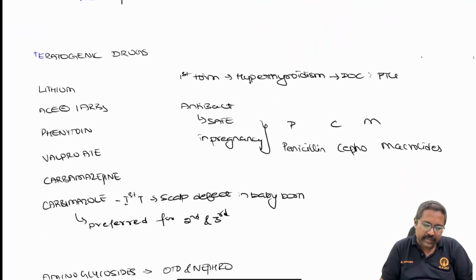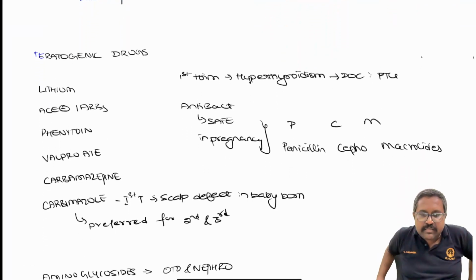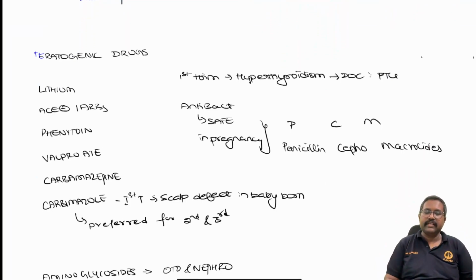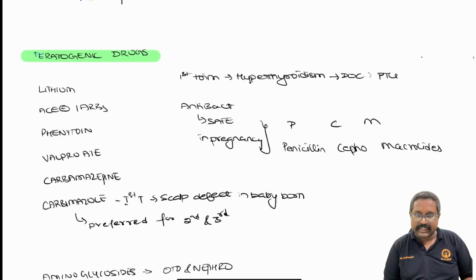Next is the teratogenic drugs. So let us understand some of the teratogenic effects. Teratogenic drugs you need to remember from the exam point of view. So what are the teratogenic drugs? These are the drugs which can cause some abnormality in the fetus when taken during pregnancy through the mother.